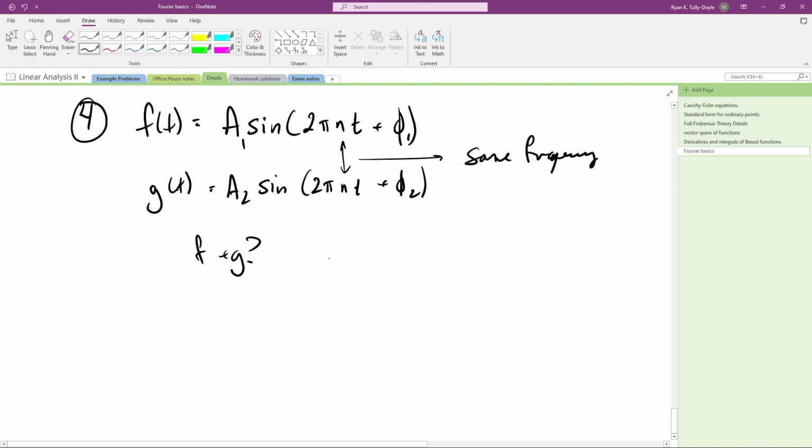You could get a function that is not periodic. Now, only one of these is true. I'm trying to give you some ideas you might think about. So maybe it's not periodic. Maybe it's periodic with a different period.